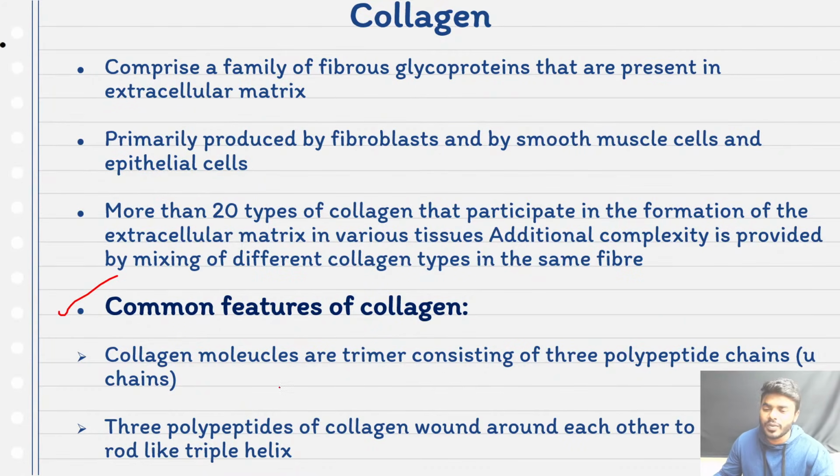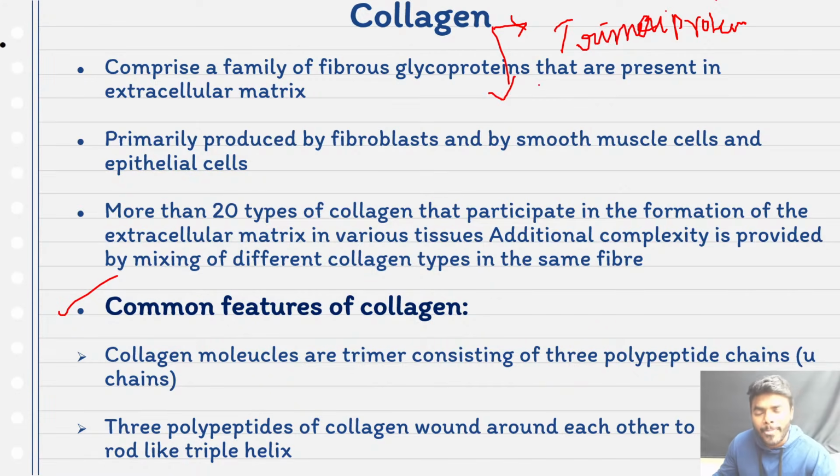Everyone listen to me very carefully, friends. The moment you hear the name of a collagen, what is the common point you have to remember? Collagen is a trimeric protein. I want you to remember this without confusion.